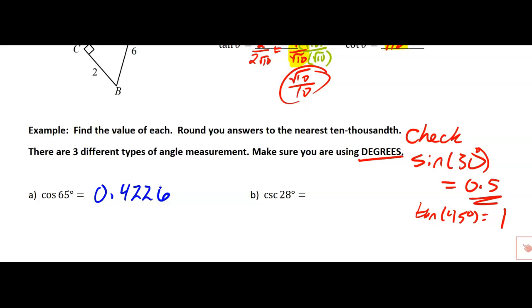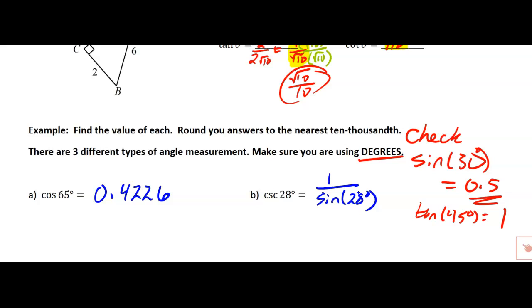Oh no, if I'm doing cosecant, my calculator only has sine, cosine, and tangent as actual options. So how can I calculate cosecant if it's not on there, Jacob? Okay, so I could do essentially, if I want to put it in directly, 1 over sine of 28 degrees, because cosecant is the reciprocal function.